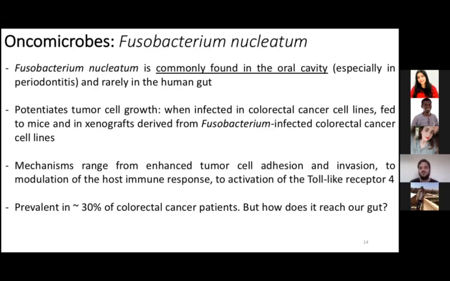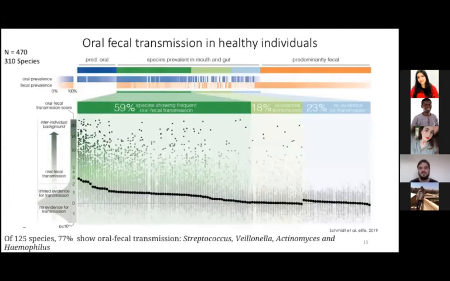But we still don't really know how this bacteria, which is commonly found in the oral cavity, reaches our gut. We would assume there would be some sort of mechanism that prevents all species from reaching our gut, but this actually seems to be quite common.